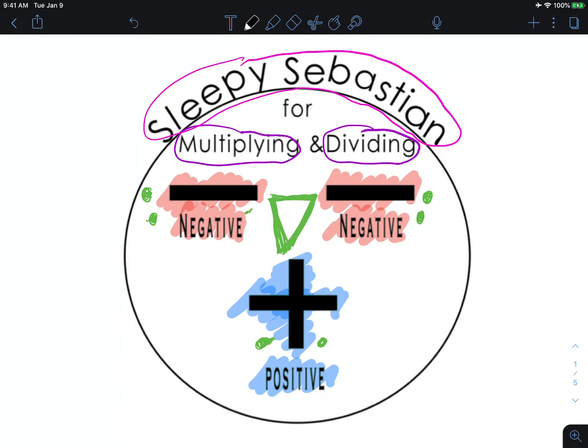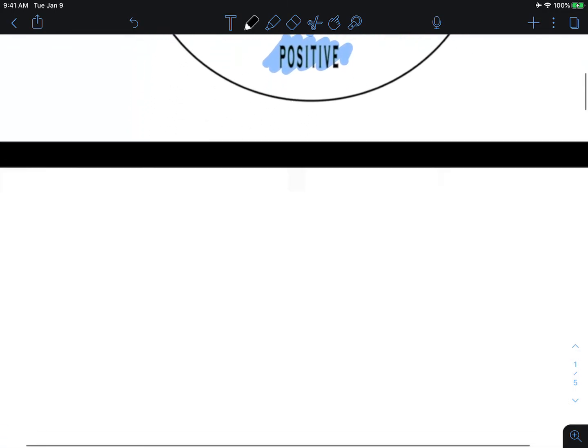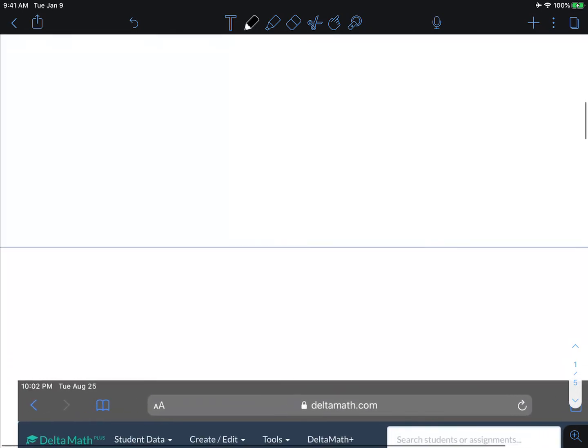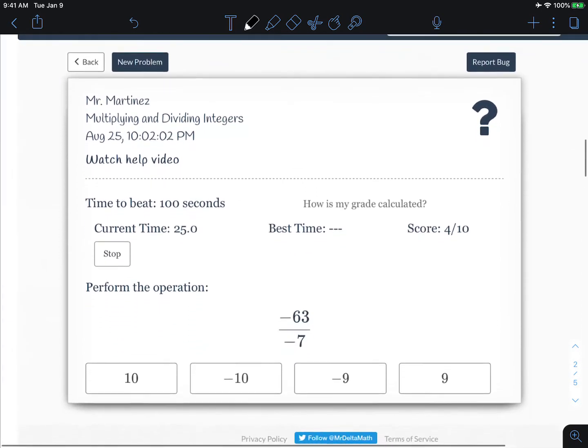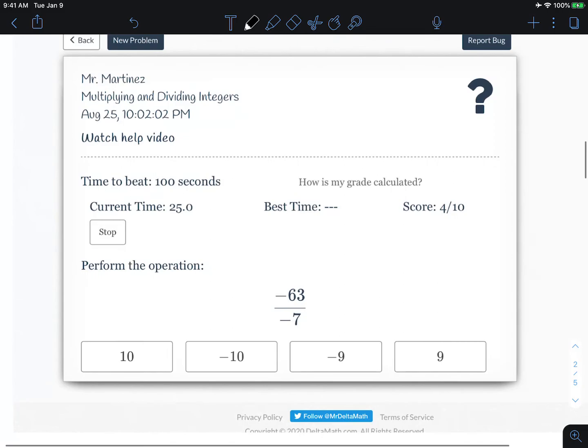So let's take a look at some examples that you're going to see on Delta Math. This is one of the examples here, right? So again, this is going to be timed. Now, don't worry about these numbers here. Ignore that. Ignore that.